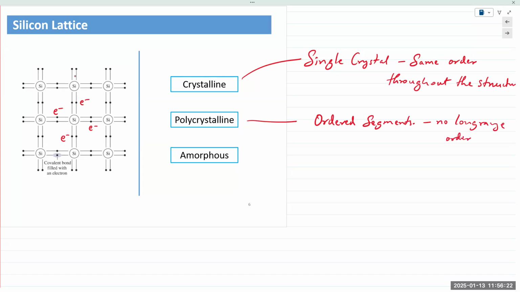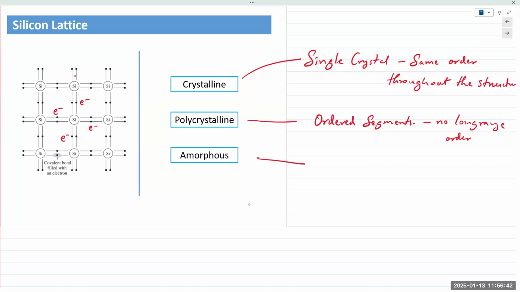It is not repeated. It's repeated for a small portion, but after a certain depth or a certain length, the order would change. So there are different segments of order inside the material. Multiple crystalline structures inside the same material, hence polycrystalline.